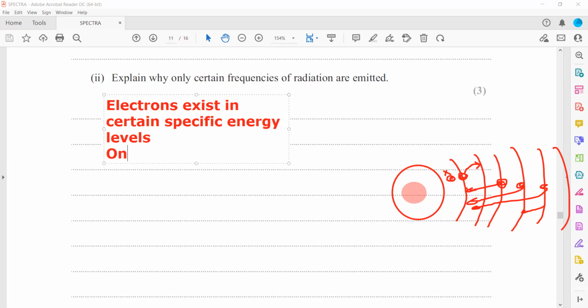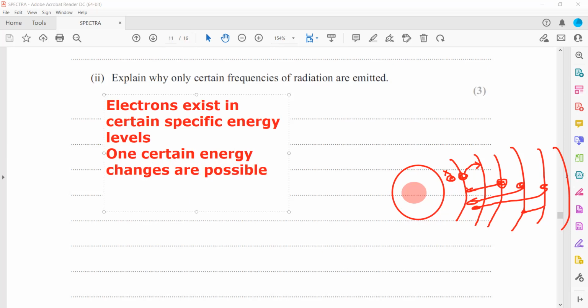Then only certain or specific energy changes are possible. And the energy of the photon depends on the frequency or the gap between the levels.